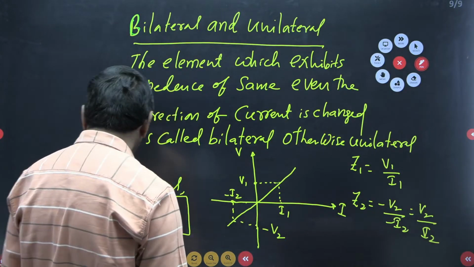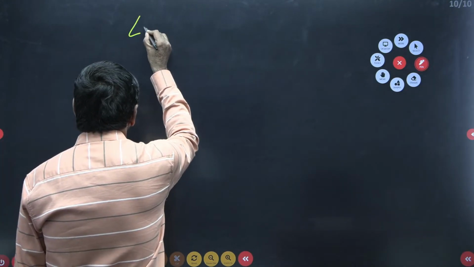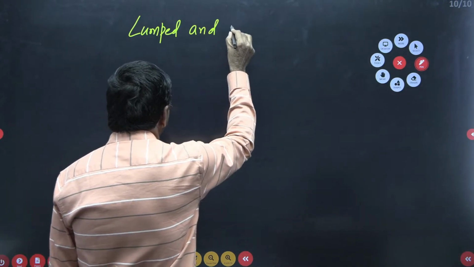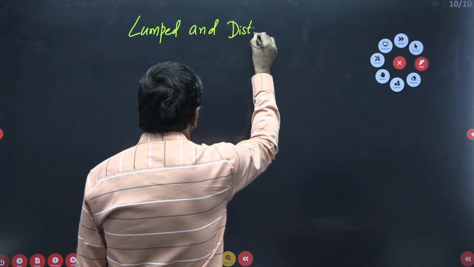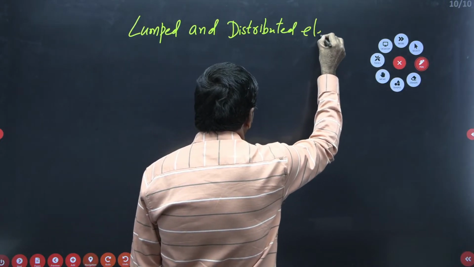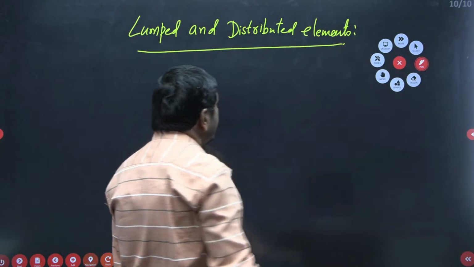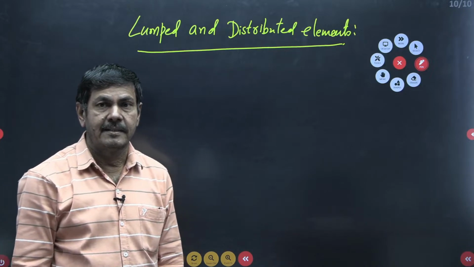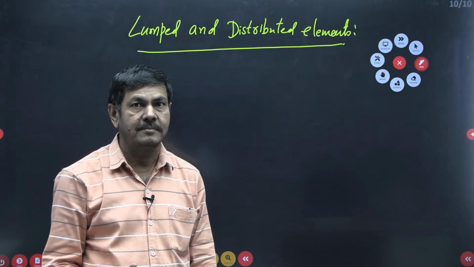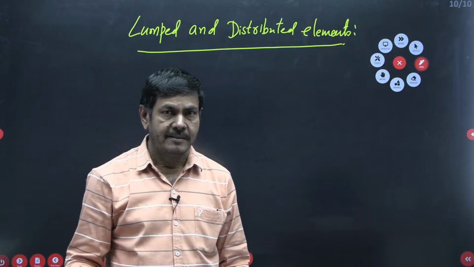Next one is lumped and distributed elements. The elements which are visible to the eyesight are said to be lumped elements. Physically visible, physical elements are said to be lumped elements.